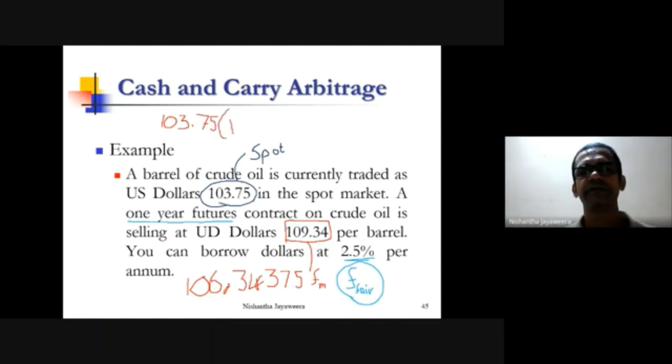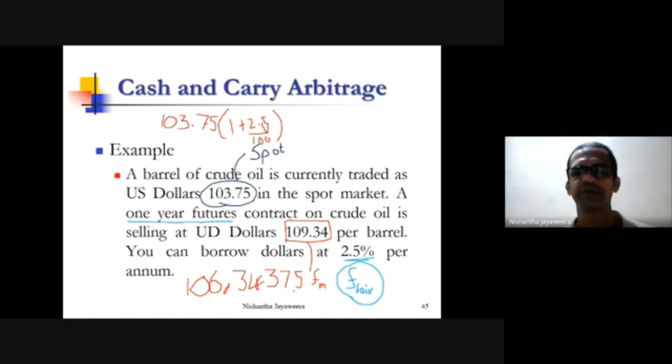multiplied by 1 plus 2.5 divided by 100. You should get 106.34375.